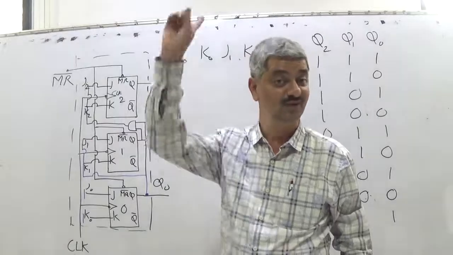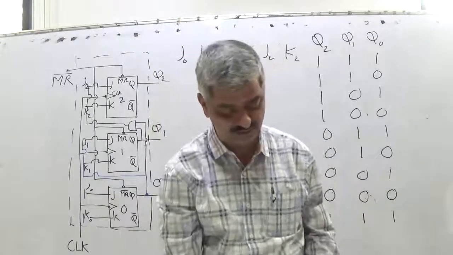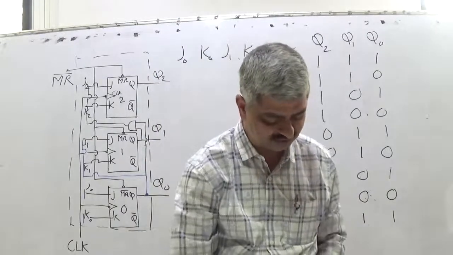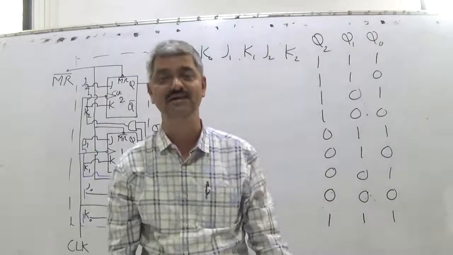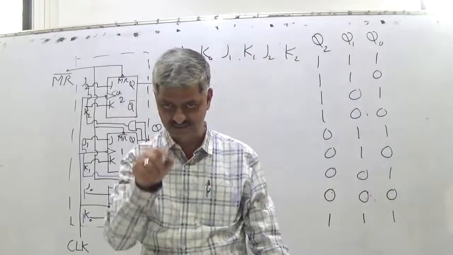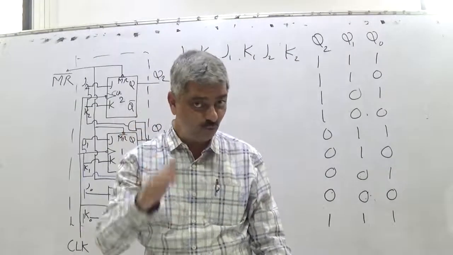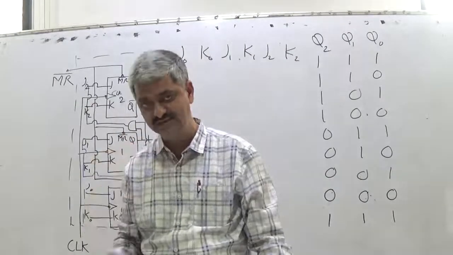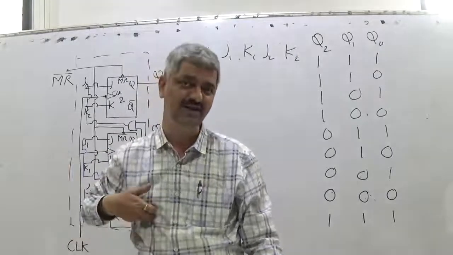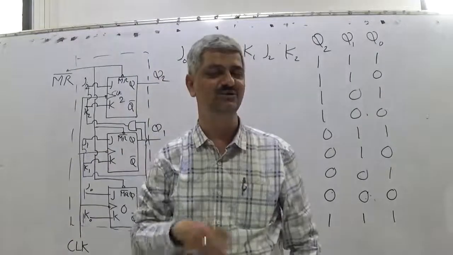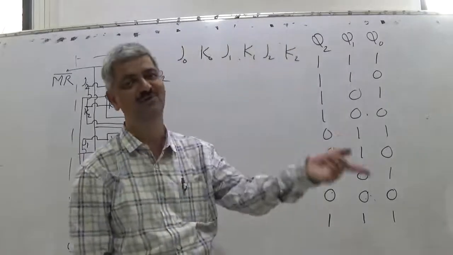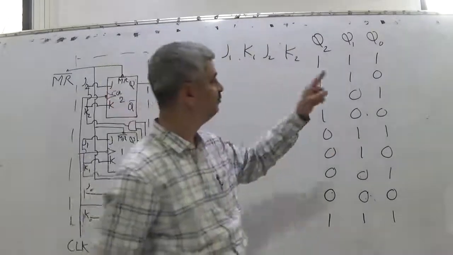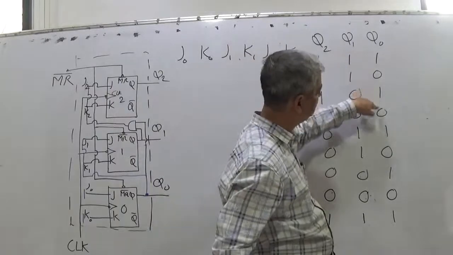Once in some lecture I told you that 1, 2 and many are different. 1 is separate, 2 is a different class, and 3 onwards become many. So 2 has a special significance. A 1 bit up counter and a 1 bit down counter are the same. So you find that Q0 always toggles.